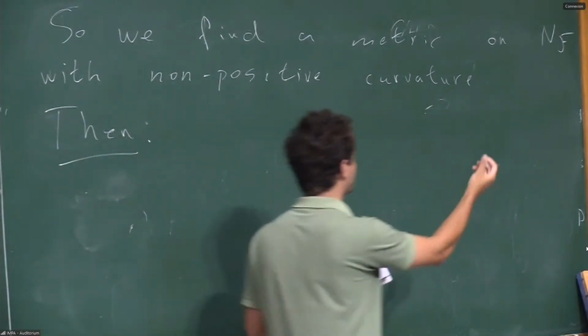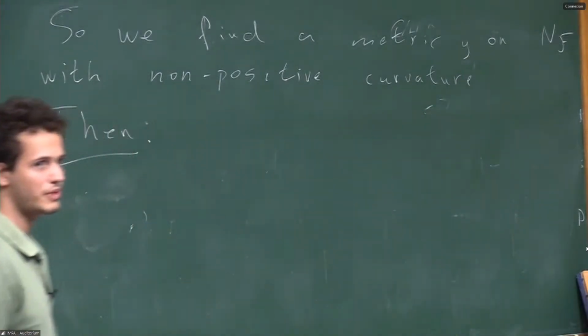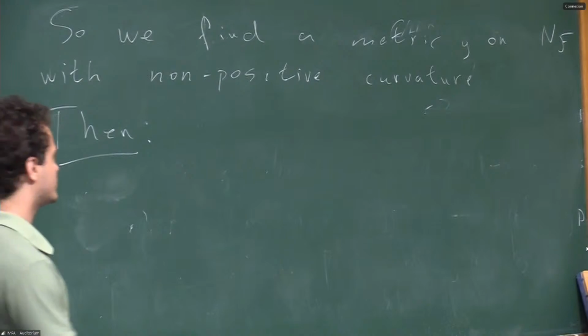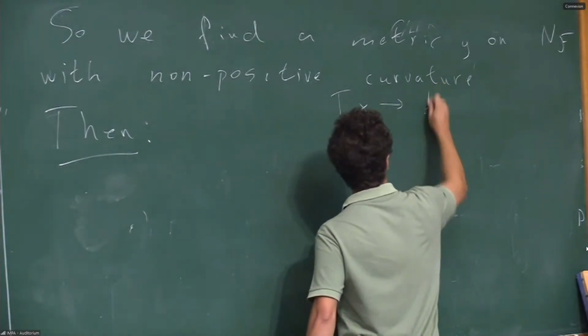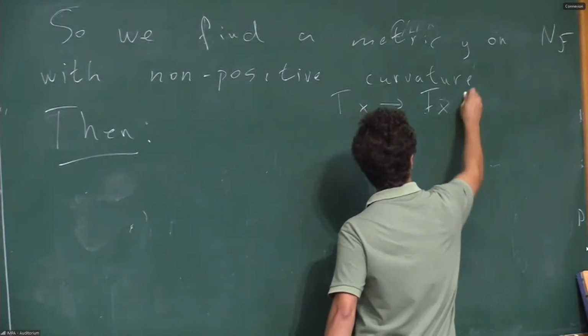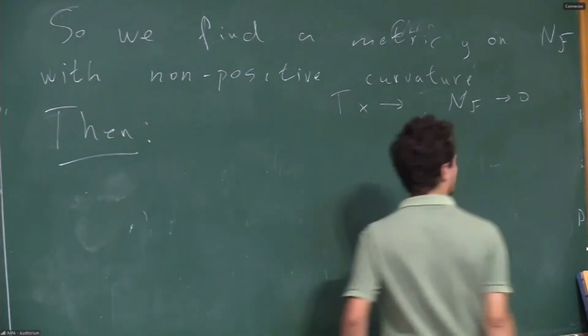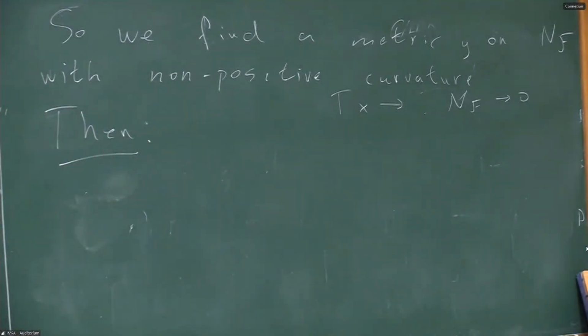Let me call this metric G. We can extend this metric to the whole surface because we have a projection here. And this will be a metric.